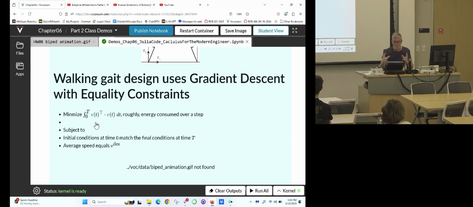So I want to design motor torques to make this thing walk. Okay, and so I'm going to say my function is the sum squared of all of the torques used, because torque is proportional to current when I have a DC motor. So I'm minimizing the draw on the battery.